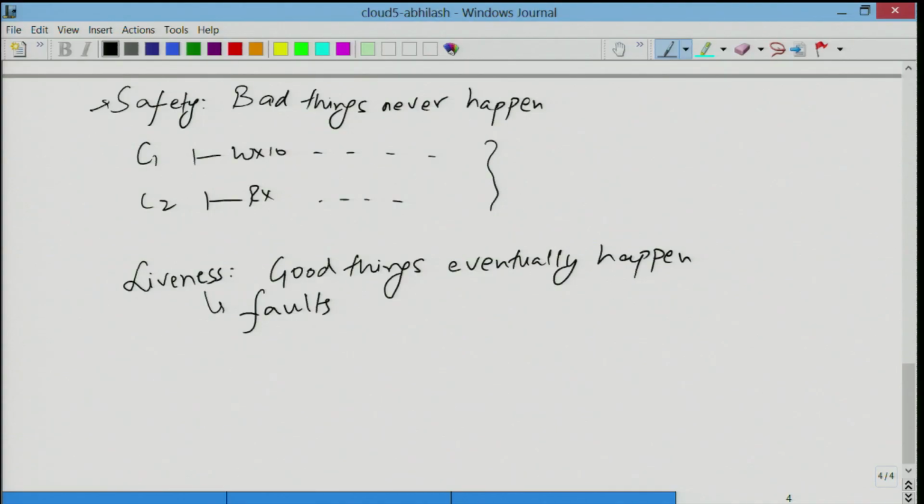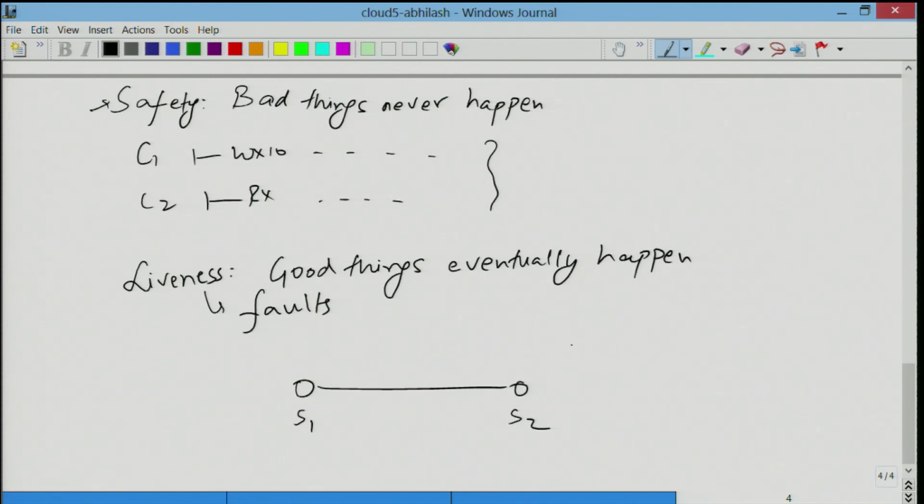Okay, so liveness turns out to be pretty hard. Let's look at the reason why. Let us say you have two servers, S1 and S2, right? These are two replicas of our data.